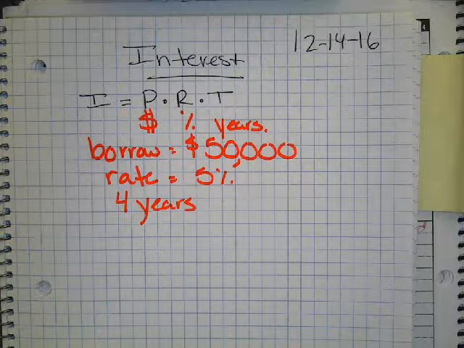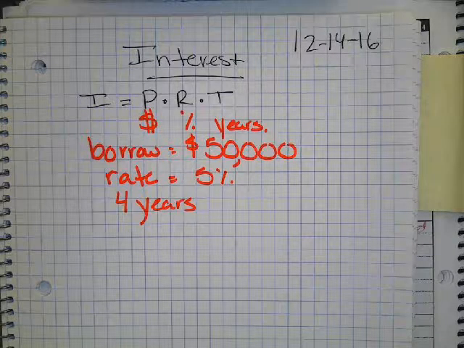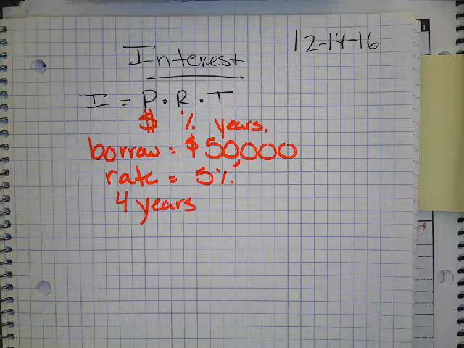Okay? So what's the principal? $50,000. What's the rate? 5%. What's the time? 4 years.